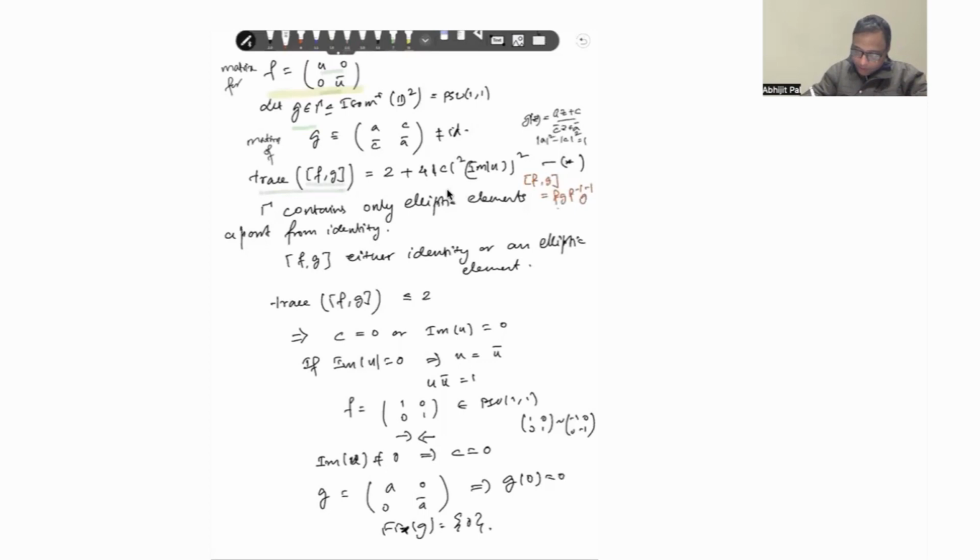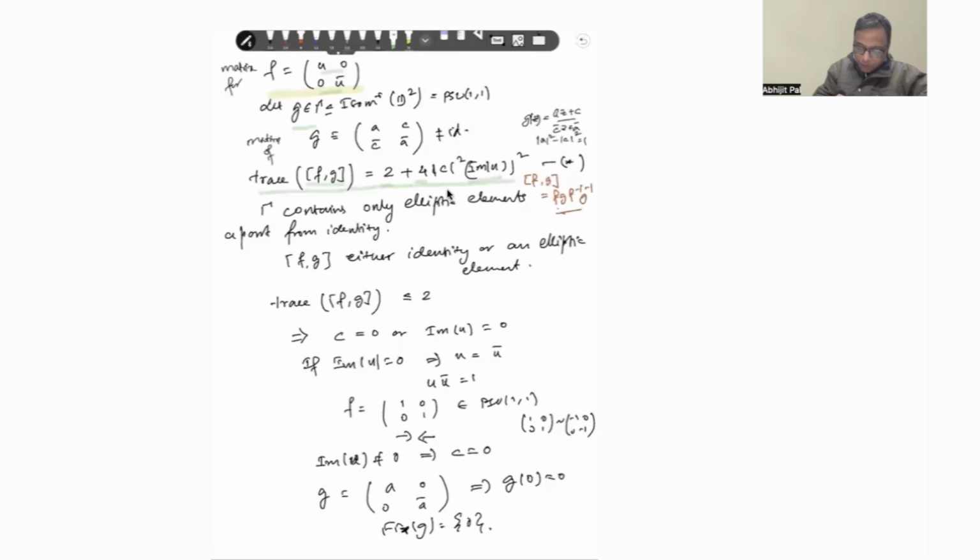Take the matrix of that and take the trace of that matrix. You can compute it, and it will turn out to be equal to 2 plus 4 times mod c squared times the imaginary part of u squared. This computation you can do.